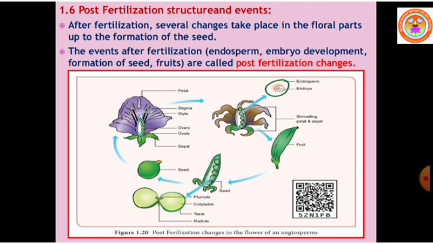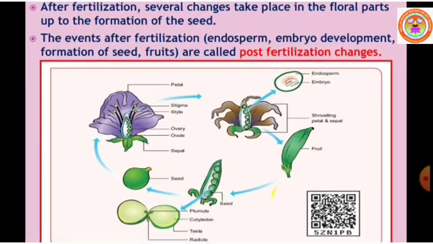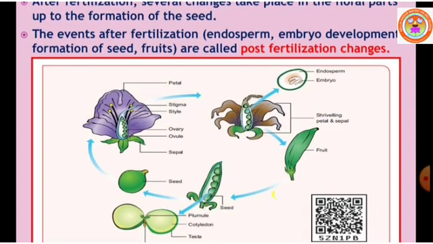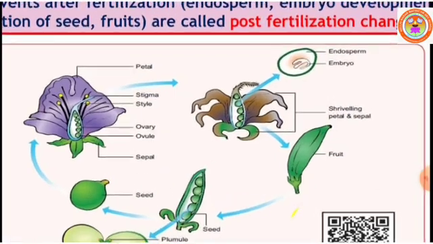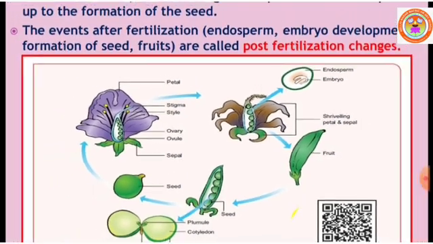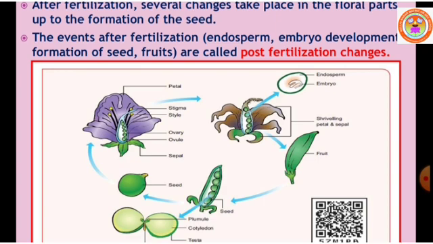You can see in this picture, the flower gets fertilized. During fertilization, the male and female gametes fuse together. Finally, zygote will form. Endosperm is formed after the triple fusion. The ovary of the flower develops into fruit. Inside the fruit, numerous seeds are seen.